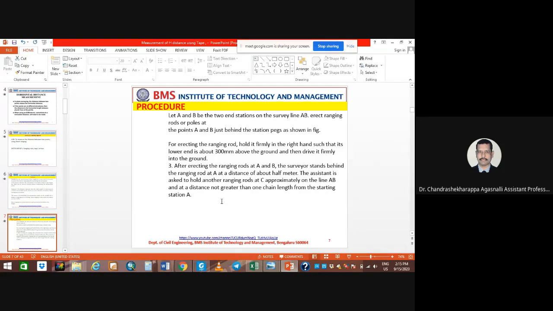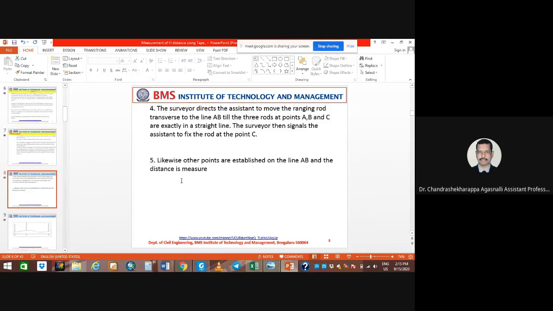To establish point C, you must have the proper alignment. Either you can use a compass, or you can manually make the one line alignment by standing 3 persons in a line.